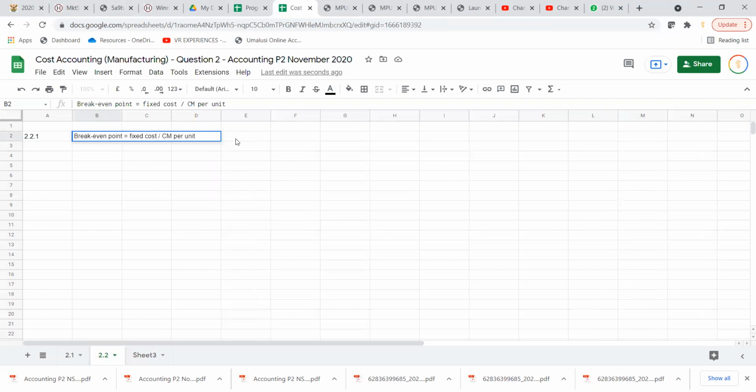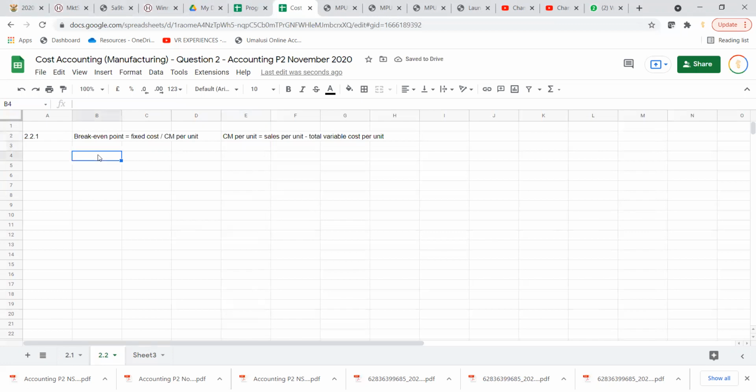Now, contribution margin, what you must know, contribution margin per unit equals sales per unit minus total variable cost per unit. Okay, so just be aware of that.